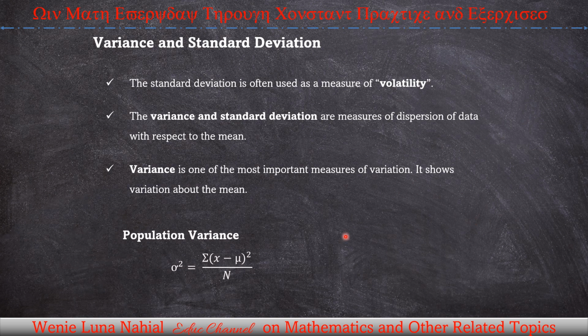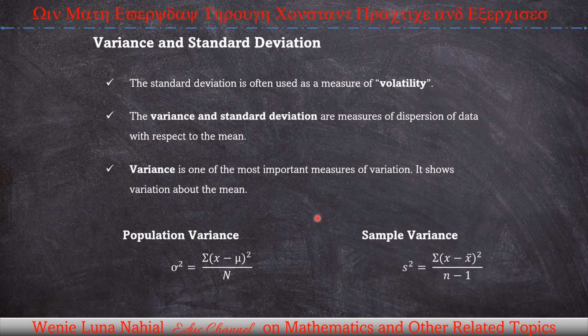Now, for the formula of population variance, you have sigma squared equals the summation of the square of x, the observation, minus the population mean, this is mu, divided by the number of observations.